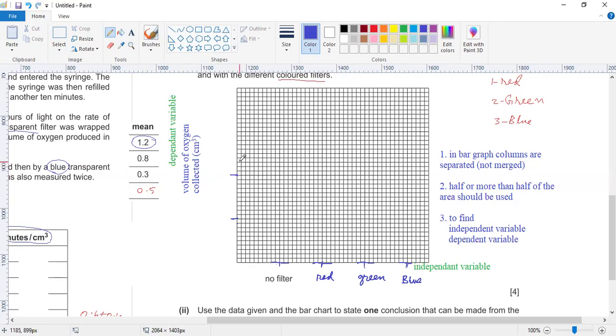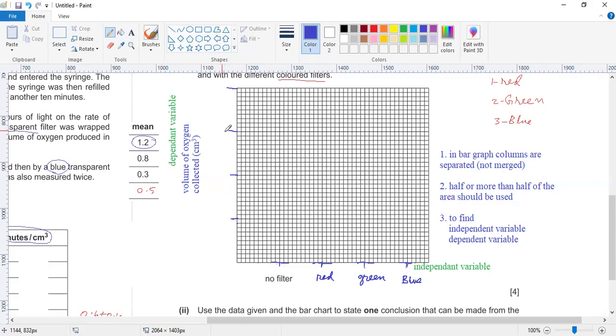If we take this whole length as 1 centimeter cube, then it would be difficult to plot 1.2 because the largest value would be beyond the graph paper.